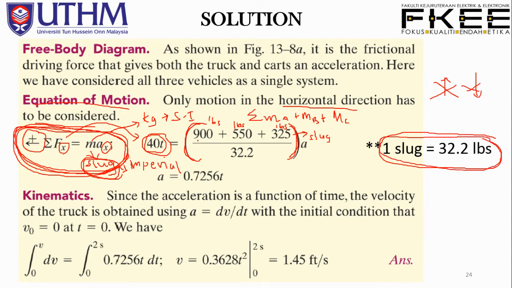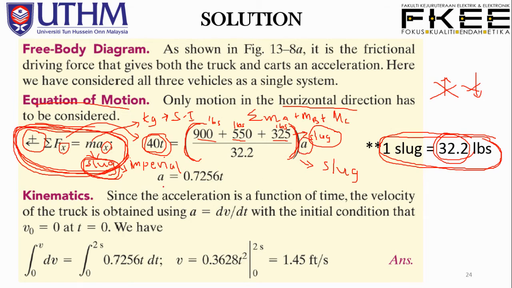So since 900 plus 550 plus 325 pounds are to be converted into slug, you have to divide by 32.2. Now everything in this bracket is already in slug units, divided by 32.2, multiplied by a.